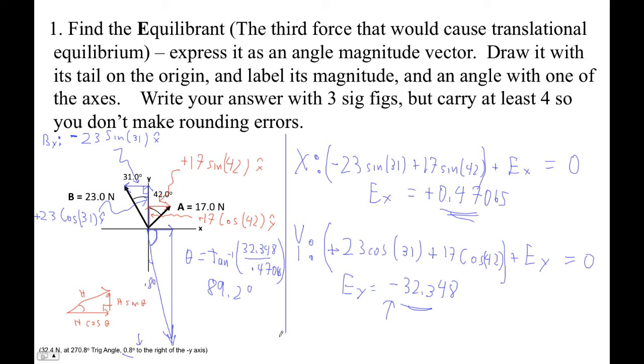Okay, and then the magnitude of it, the hypotenuse, this guy here, is equal to the square root of 32.348 squared plus 0.47065 squared. Now, this side's so short that essentially the answer will be this, but let's just do it anyway.